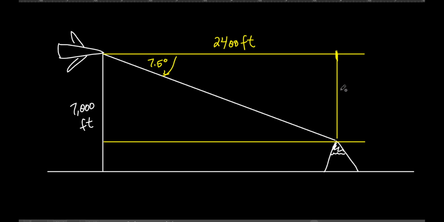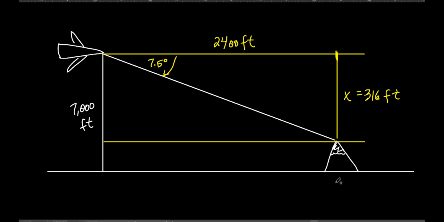Well, here's what you're going to do really quick. Let's find this. How are we going to find this? Look, I've got an angle, I've got opposite, I've got adjacent. So I'm going to do the tangent. Tangent of 7.5 equals x over 2,400. Solve for x, and when I solve for x, I get 316 feet. Is that how tall the mountain is? No, it's just from the top of the plane to the top of the mountain.